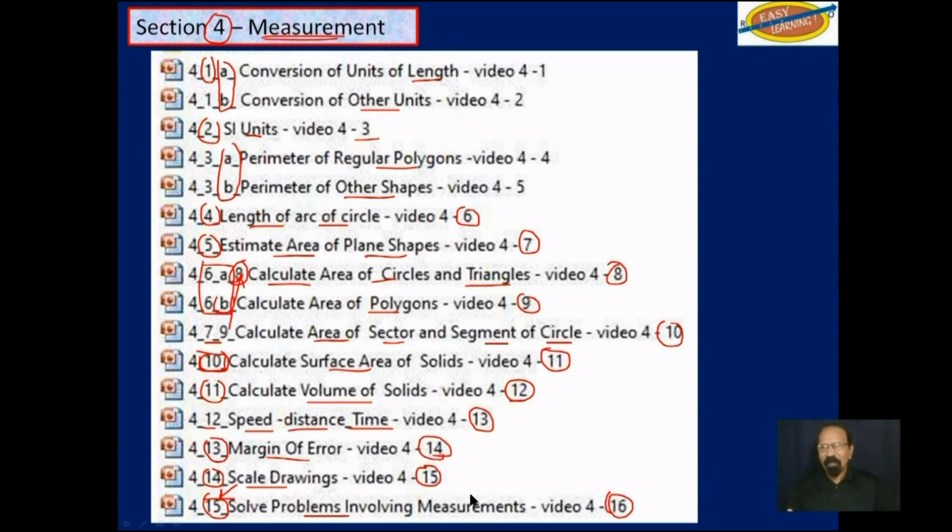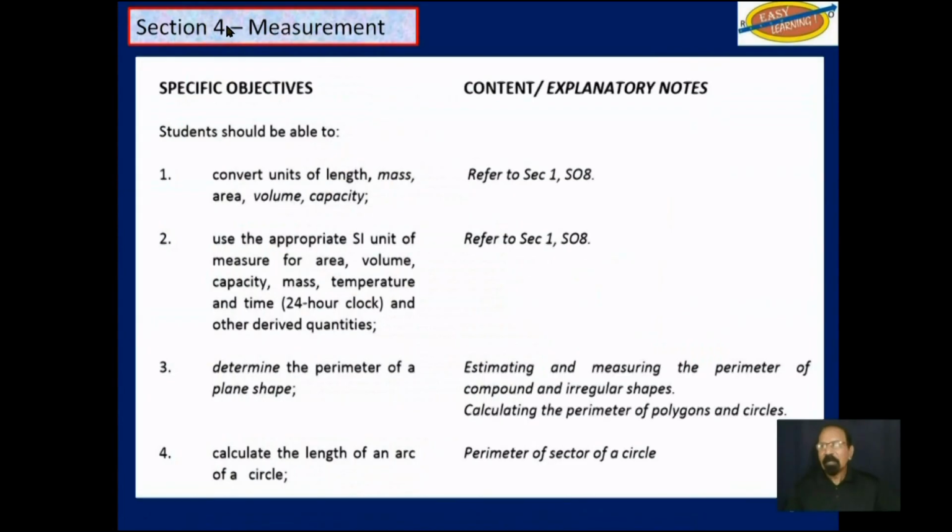Now, this is the part that lots of people think about of mathematics: defining area and conversion of units and surface area and those kinds of things. Well, this is what we are doing as of Section 4. Let's get started. Section 4, convert units of length, mass, area, volume, and capacity.